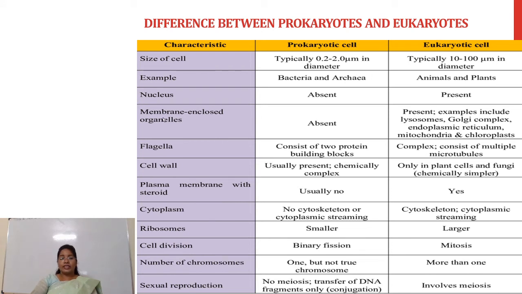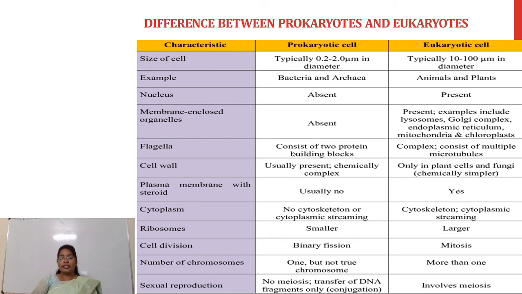The next difference is of membrane-bound organelles. As we have seen, the eukaryotic cell contains different cell organelles such as mitochondria, chloroplast, lysosomes, peroxisomes, Golgi complex, etc. But such organelles are absent in prokaryotic cell. The next difference is of flagella.